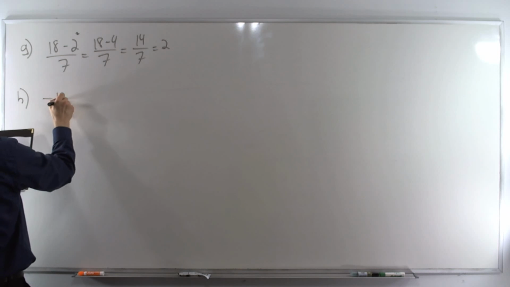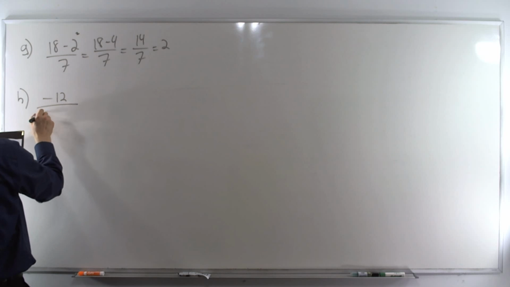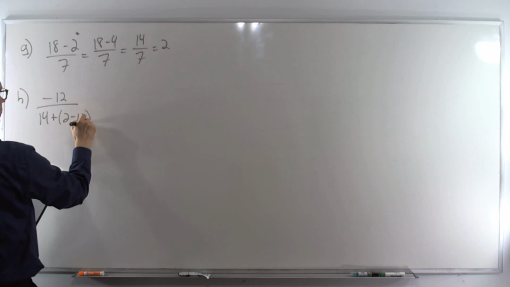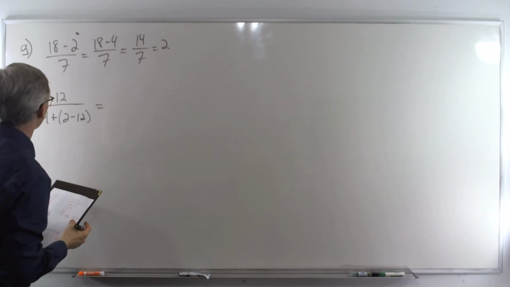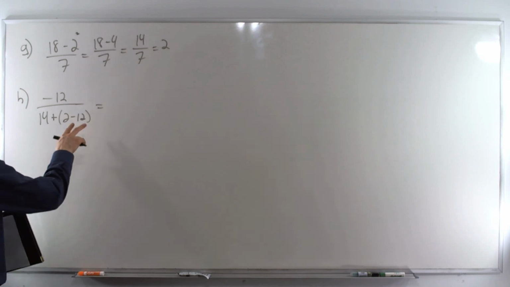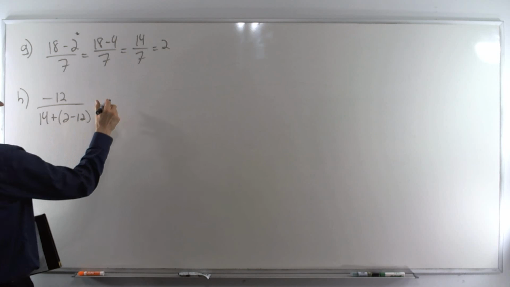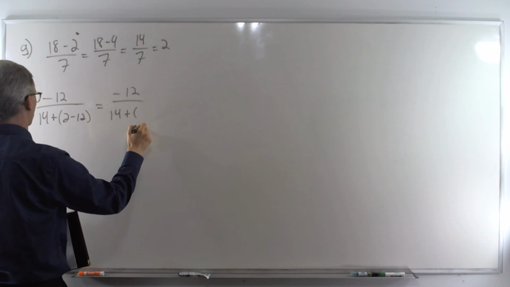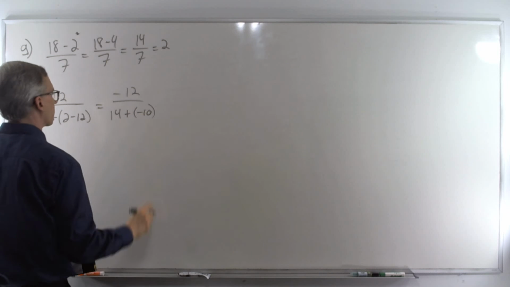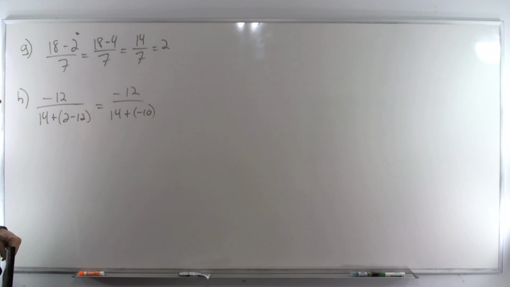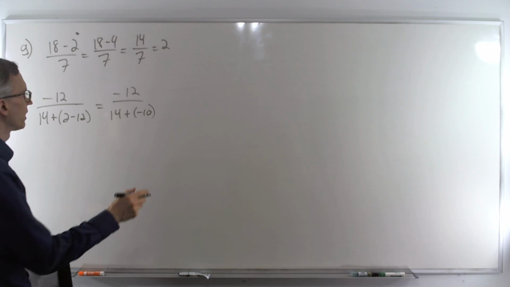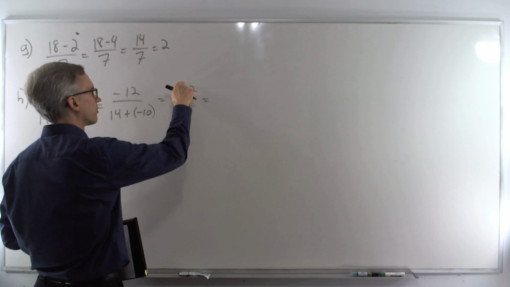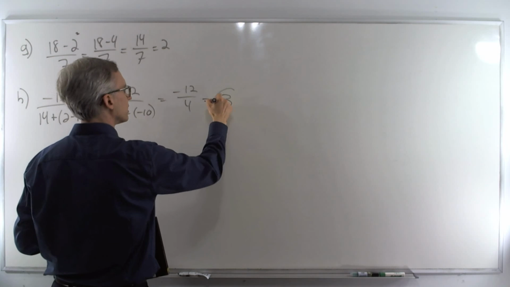H. So we have parentheses on the bottom, start there. Two minus 12 gives us negative 10, so 14 plus negative 10, that is 4. Single number on top and bottom, now we can divide to get negative 3.